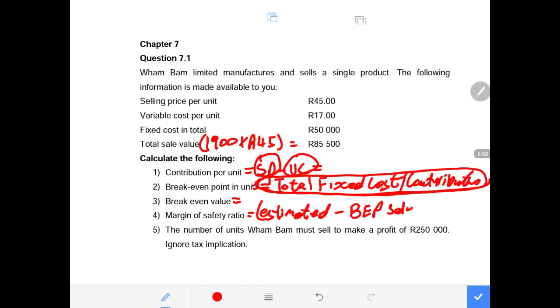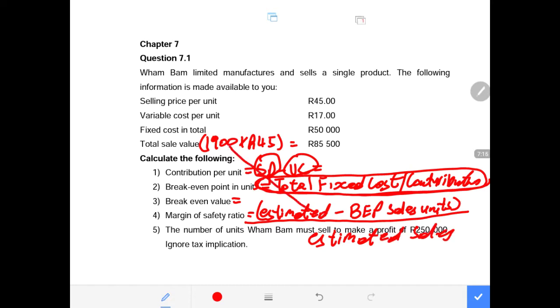It is sales units, meaning the units that must be sold in order for the business to be at the break-even point, divided by estimated sales. Remember, our estimated sales is 1,900. So now we still need to know how much will be our units at the break-even point.